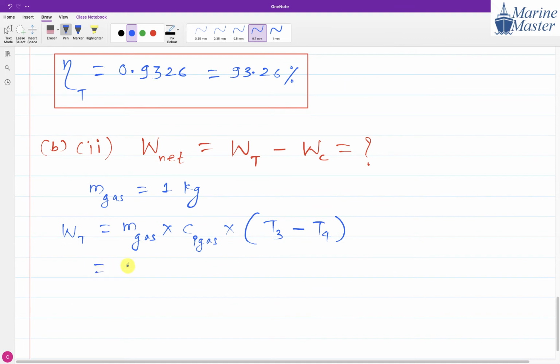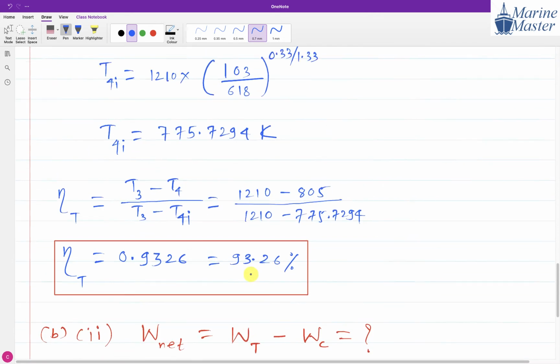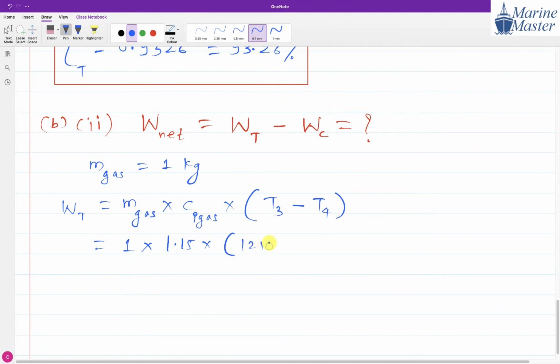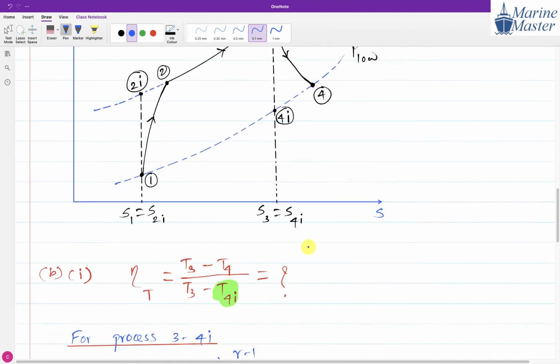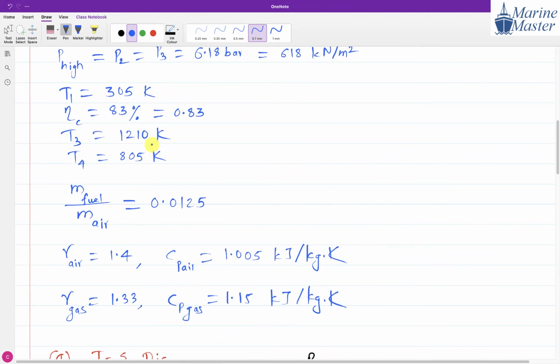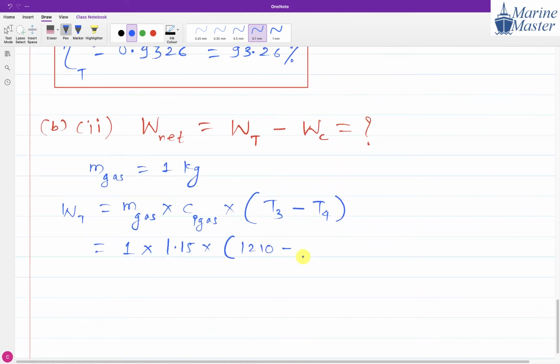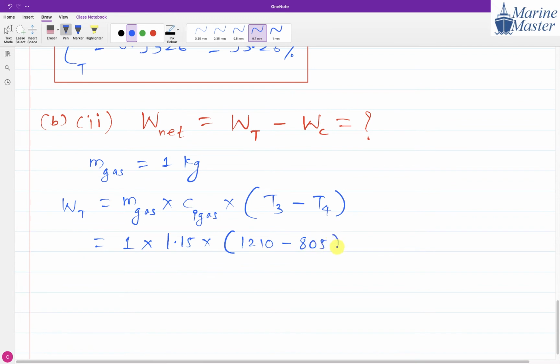Mass of gas is 1 kg, Cp of gas is 1.15, T3 is 1210, and T4 they have given us is 805 Kelvin. So here we will have Wt.